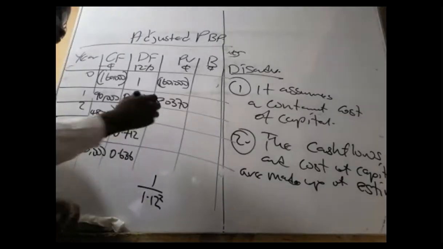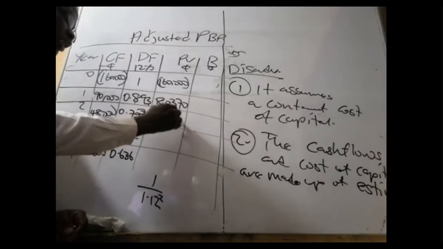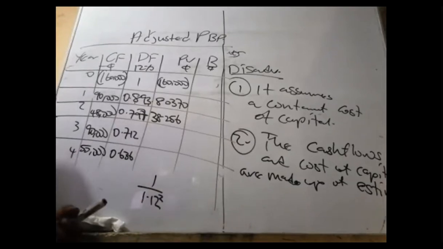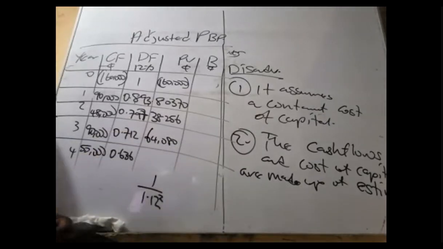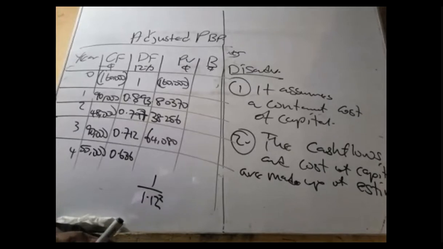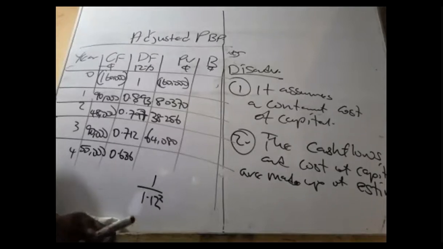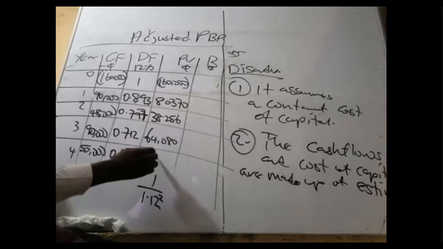The next year will be 38,256. Let's see year 3. Year 3 will be 90,000 times 0.712, which is 64,080. And finally, year 4 will be 50,000 times 0.636. So basically, you get something like 31,800.